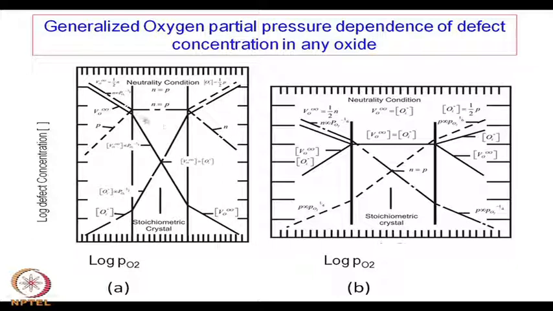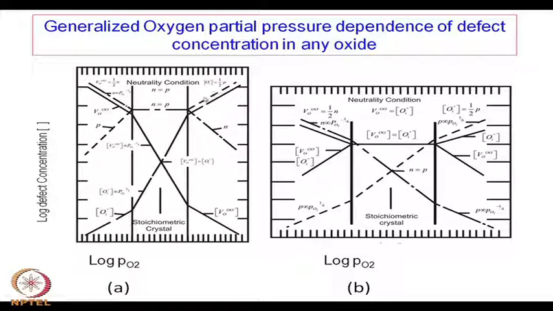For the time being, we are basically looking at this part of the diagram. Here you will see the highest conductivity, or the highest concentration, is actually n, the electron concentration. So, this is the neutrality condition here, and this is the neutrality condition there.